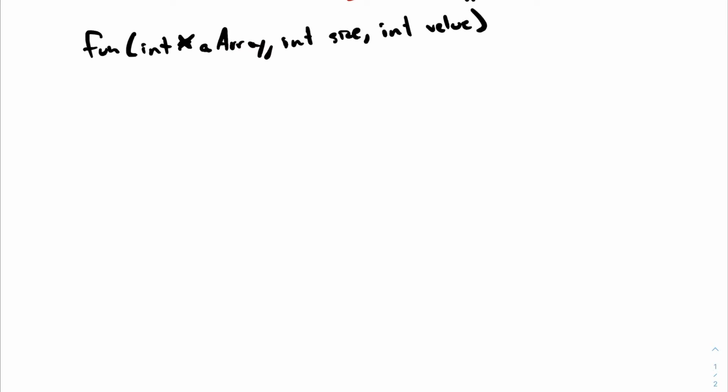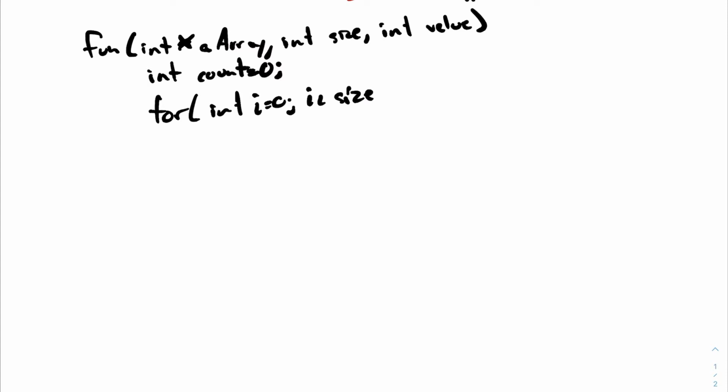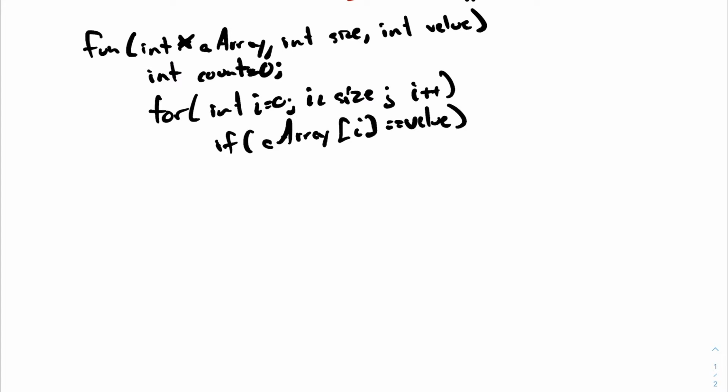And then this function initializes a variable, count equals 0, does a for loop with I equals 0, while I is less than size, I plus plus, and then it does if array subscript I is equal to the value, then count plus plus, and then return count, right?